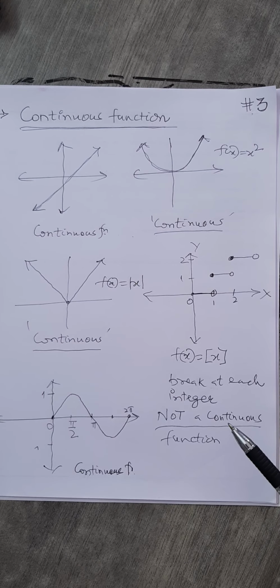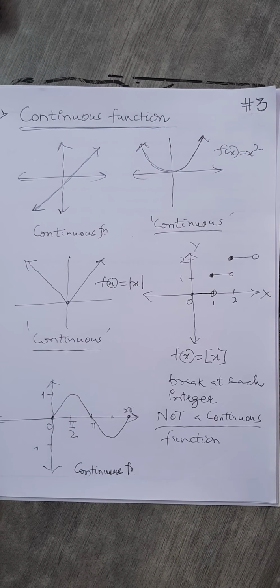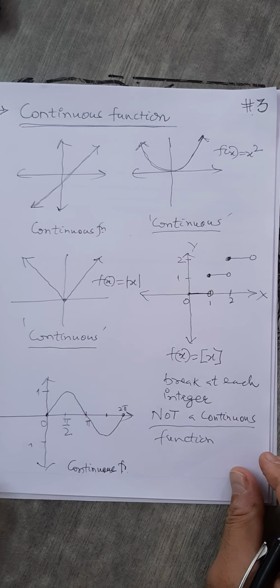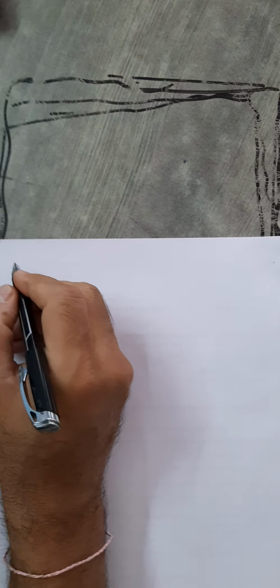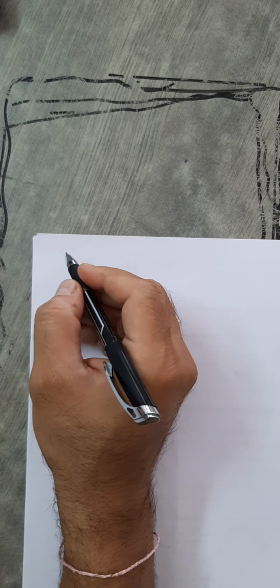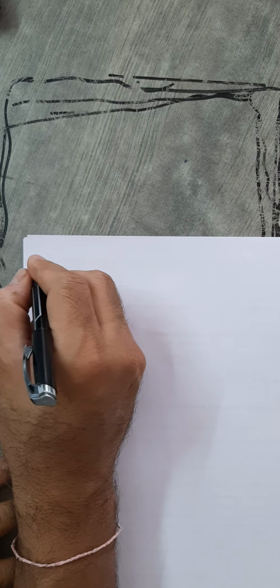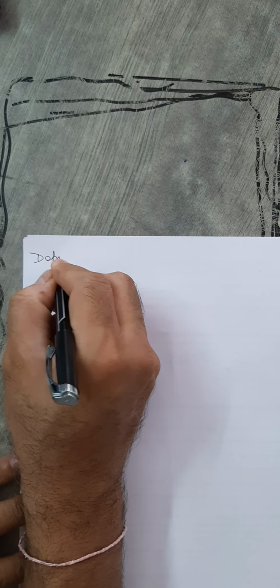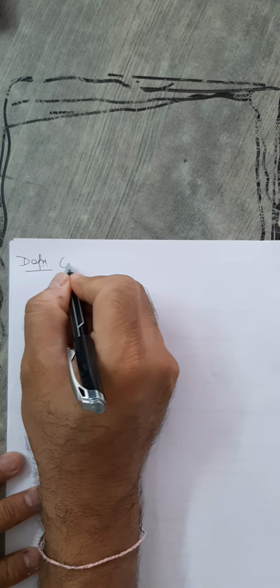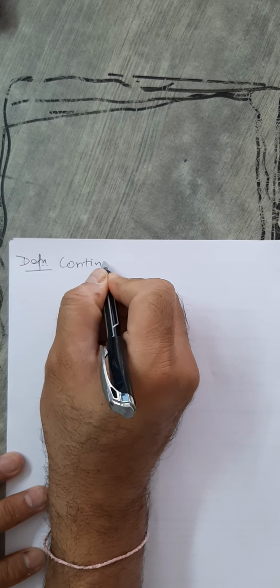So here we have a definition which is in terms of limit. So let's see what it says. I'm writing the definition here. Definition of a continuous function.